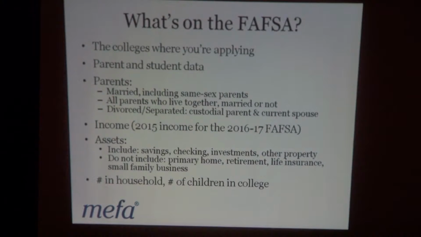What you do not include is your primary home, the value of your retirement accounts, life insurance, and if you own a business solely, like as a family, and it has less than 100 employees, you don't put the value of that business either. So those are all excluded.